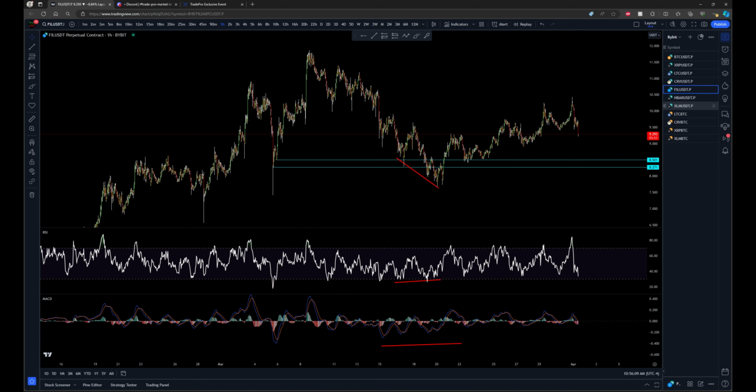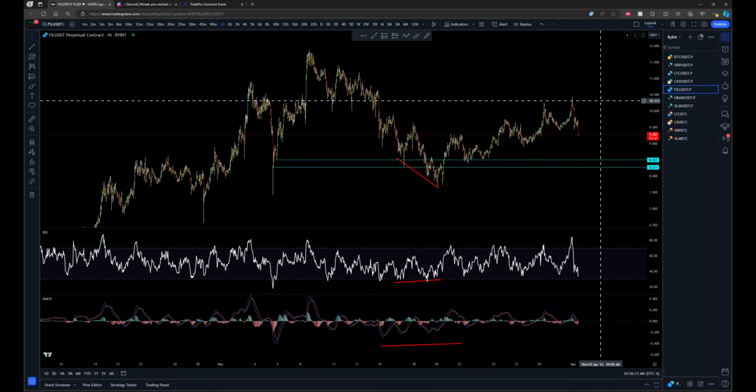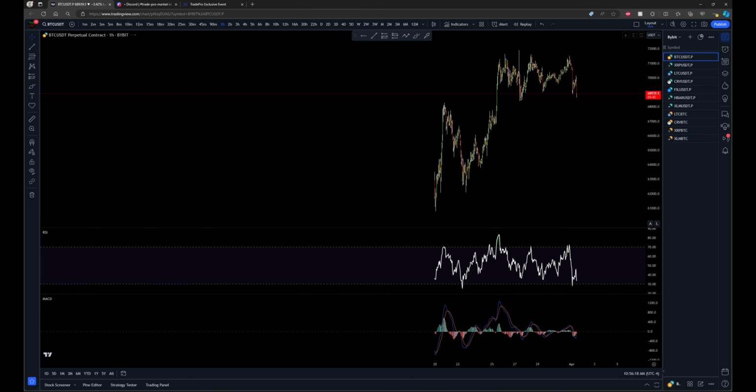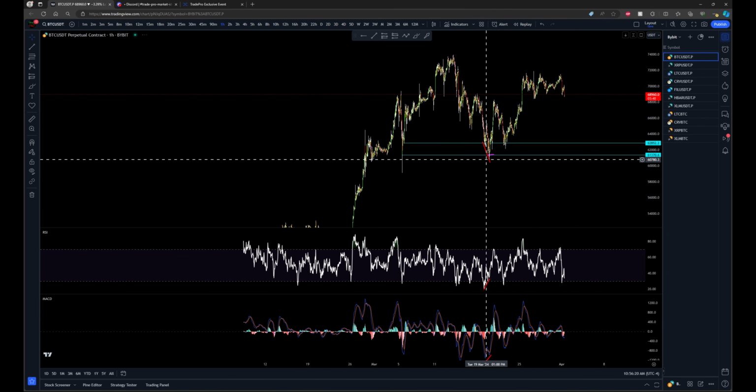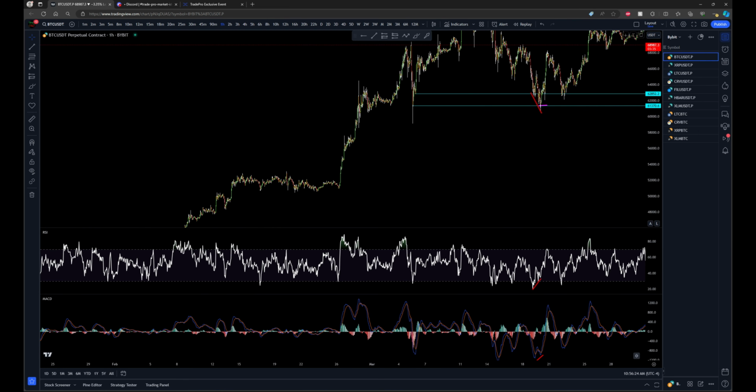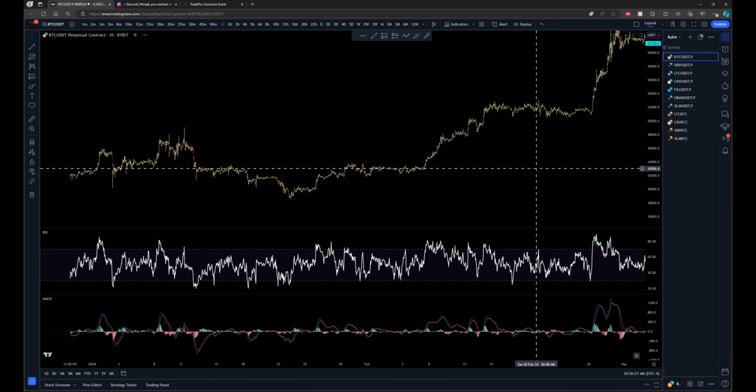So a significant bounce is the idea there. We want to see a large enough bounce to get our stop loss to break even, and then try to capture the next full trending move. Okay, so that's the idea when it comes to these setups.